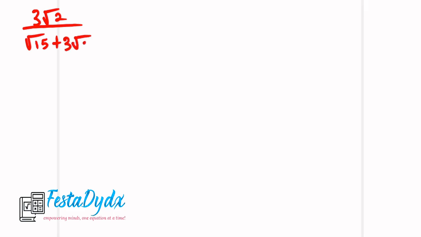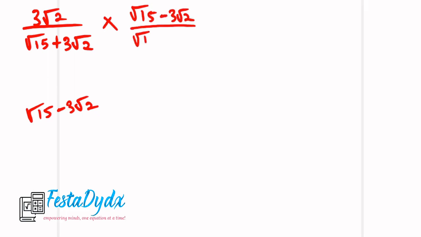So the third one there says 3 root 2 all over root 15 plus 3 root 2. Now what is the conjugate of the denominator? The conjugate is root 15 minus 3 root 2. So we are multiplying numerator and denominator by root 15 minus 3 root 2 all over root 15 minus 3 root 2.